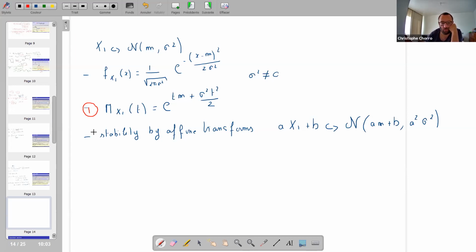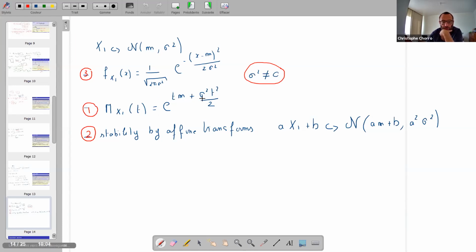Then we are going to be able to prove that we have the stability of a Gaussian vector by an affine transform and find explicitly the analogues of these two quantities here. And finally, that in some situation, the analogue of the situation where sigma square is different from 0, we will be able to compute the density function of a Gaussian vector.